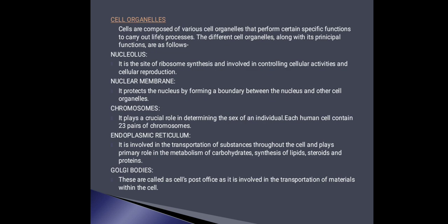Coming to the cell organelles. Cells are composed of various cell organelles that perform certain specific functions to carry out life processes. The different cell organelles along with their principal functions are as follows. So we will see the functions of the cell organelles individually. Coming to the nucleolus, it is the site of ribosome synthesis and is involved in controlling cellular activities and cellular reproduction.